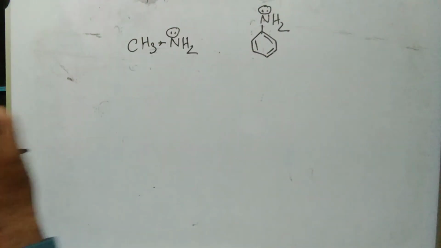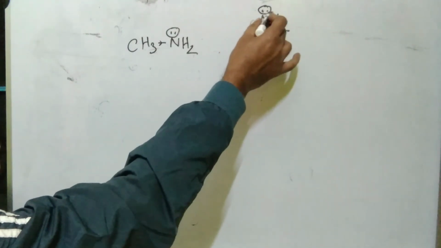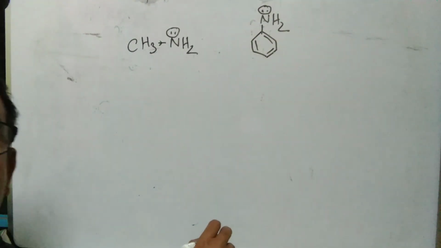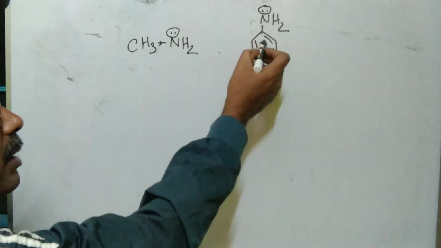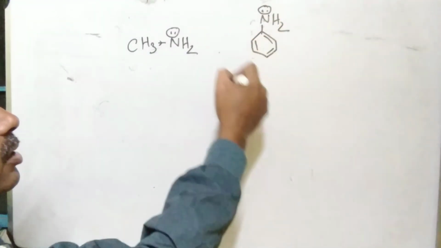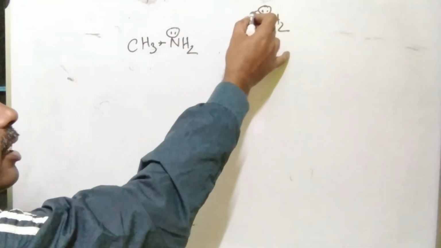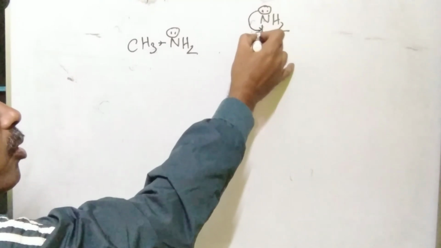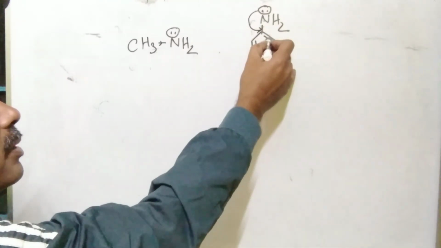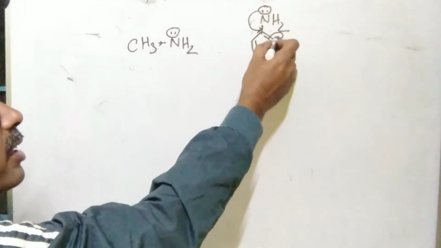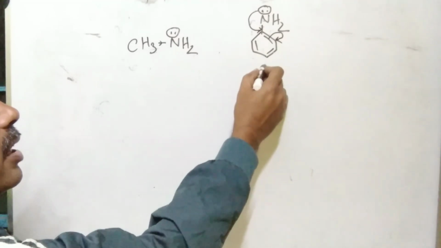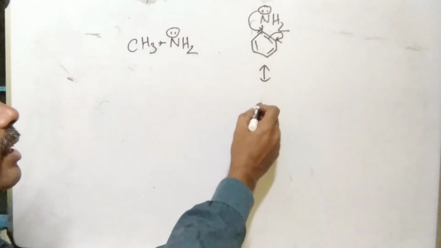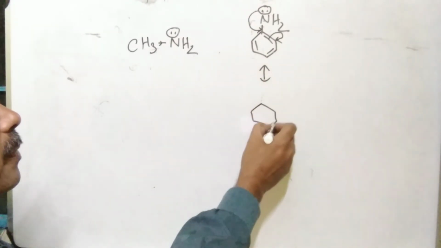And in aniline, this lone pair of nitrogen is in conjugation with the pi electrons of benzene, that means in alternate positions. So when it makes a double bond here, the pi electrons are shifted as a negative charge on this carbon atom, giving rise to a resonating structure like this.